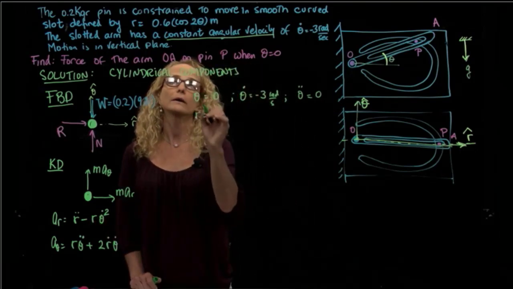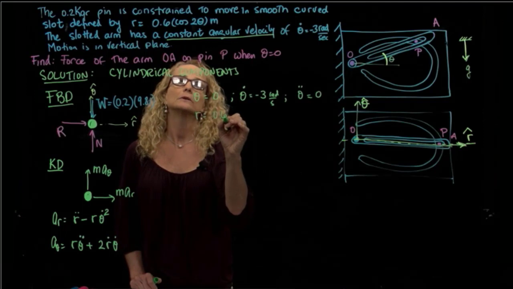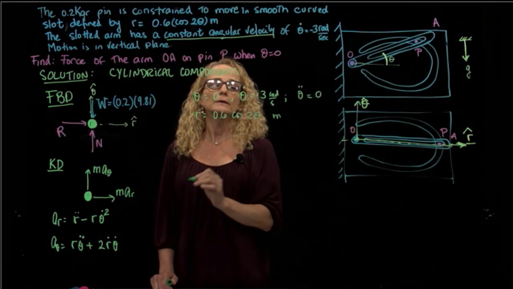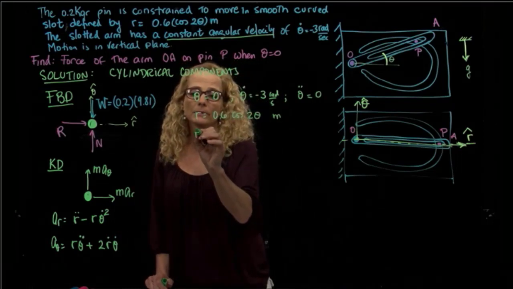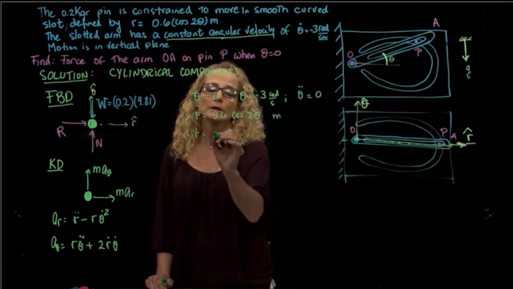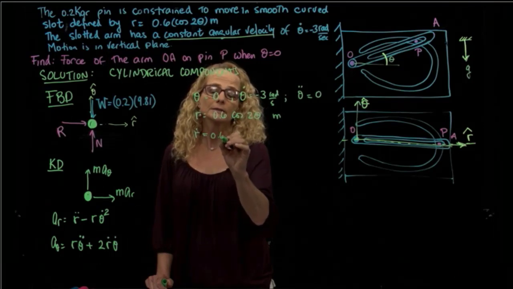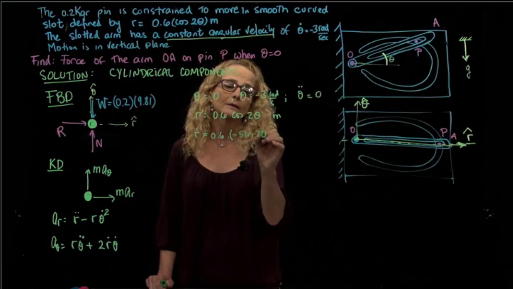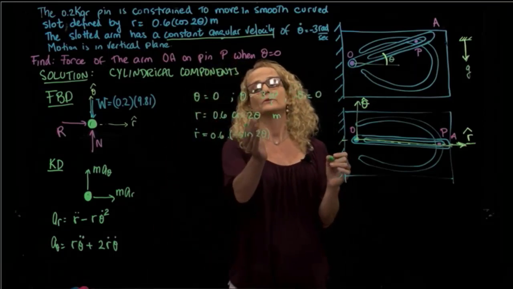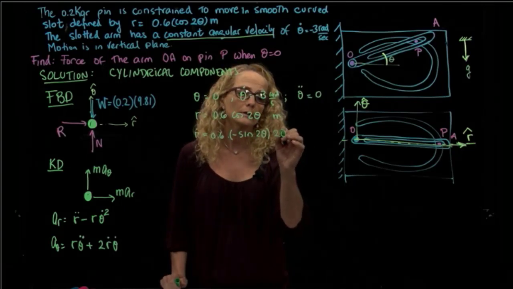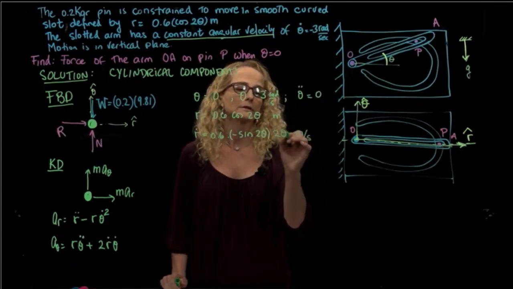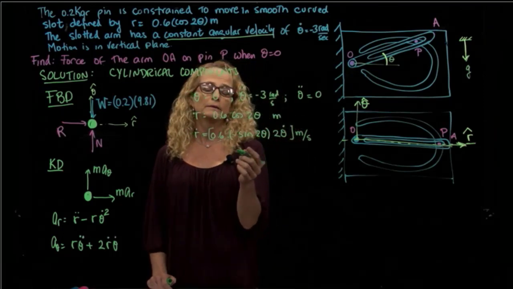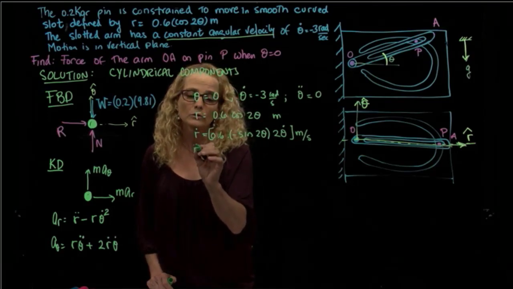Now we have to find the r's. We are told that r is equal to 0.6 cosine of 2θ meters. Then r dot will be the derivative of this expression, which is 0.6 times the derivative of cosine, negative sine 2θ, multiplied by the internal derivative, which will be 2 θ dot, in meters per second. Now we can derive this expression to find r double dot.